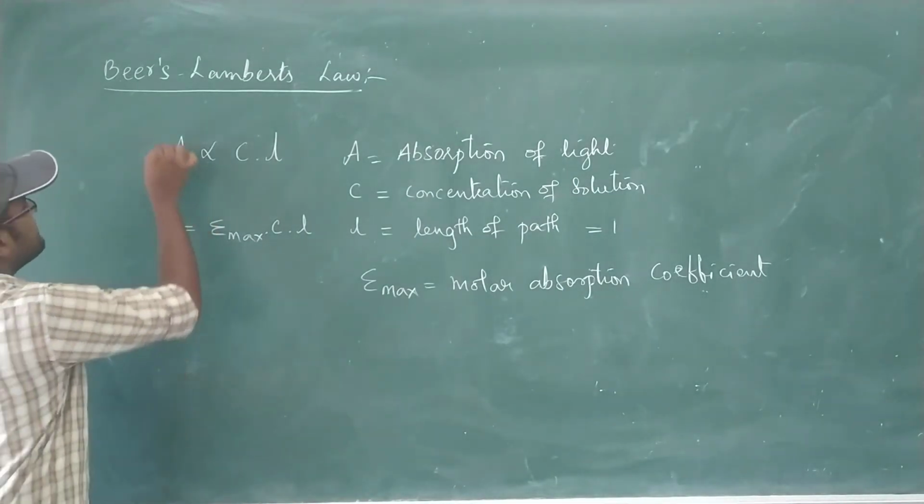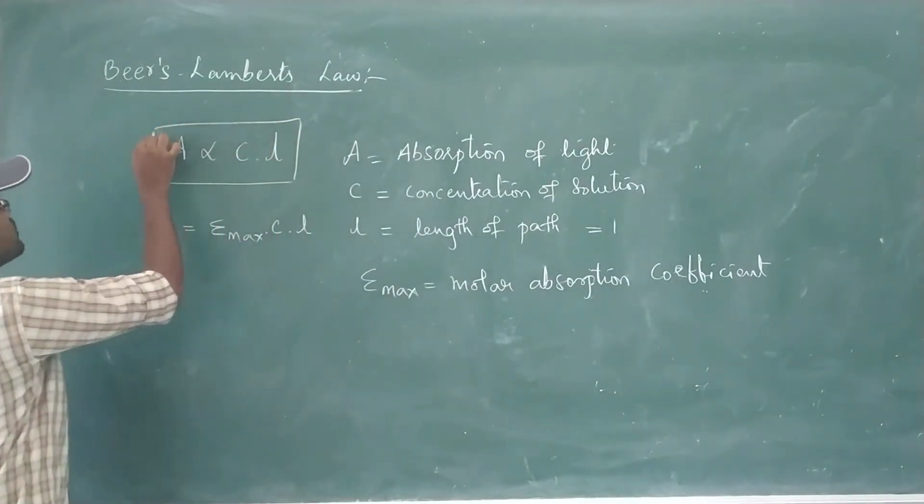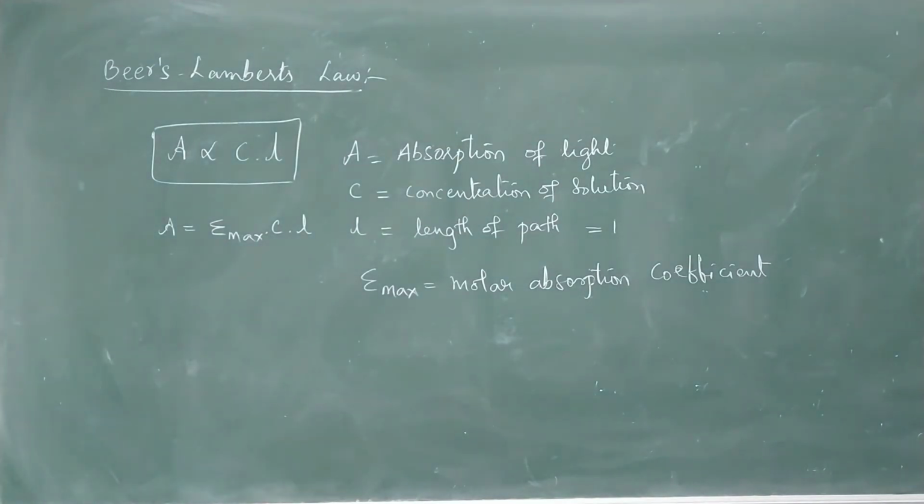This is Beer-Lambert's law. Absorption of light is directly proportional to concentration of solution and length of path.